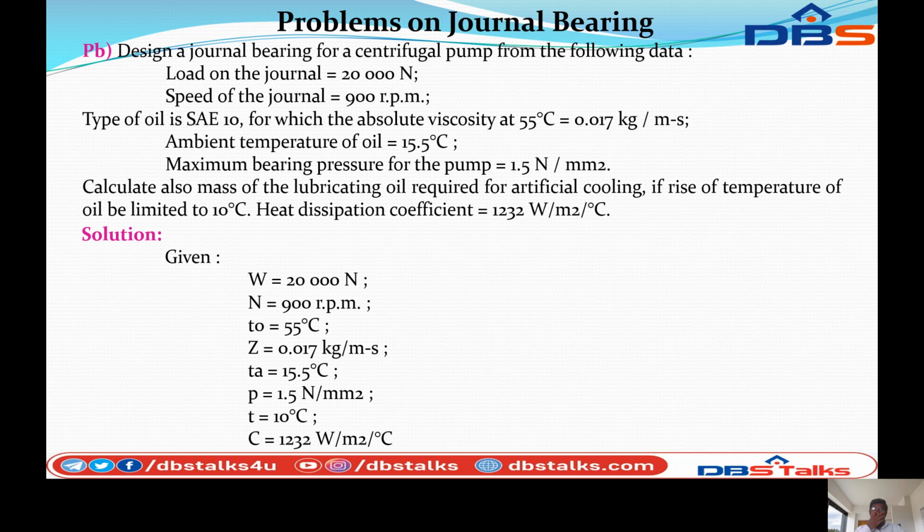Next, ambient temperature TA is equal to 15.5 degrees centigrade. Bearing pressure P is equal to 1.5 Newton per mm square. Next, rise in temperature of the oil t is equal to 10 degrees centigrade. Dissipation coefficient C is equal to 1232 watt per meter square per degree centigrade.